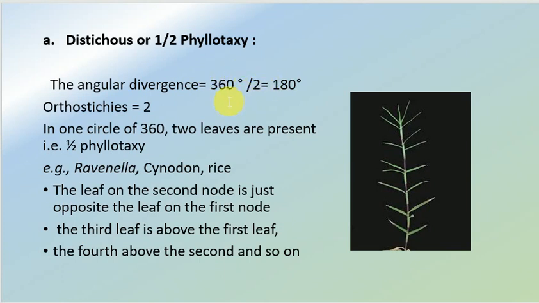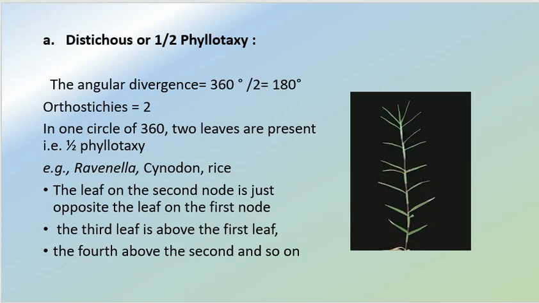So 360 by 2 is 180. So in 1 by 2 phyllotaxy, the angular divergence is 180, and as the number of orthostichies are 2, it is also known as the distichous phyllotaxy, in that always the third leaf is above the first leaf and the fourth leaf is above the second leaf, and so on.